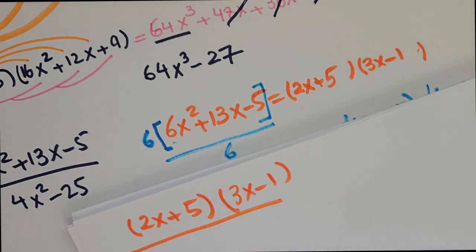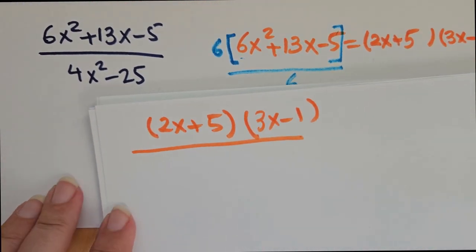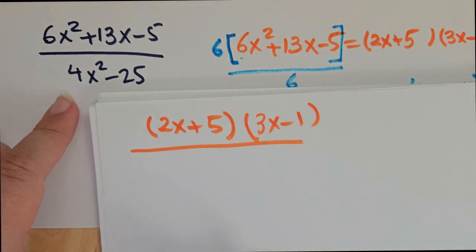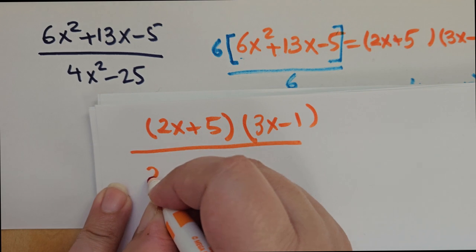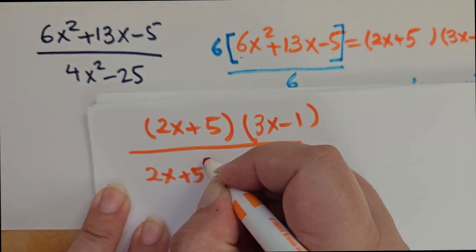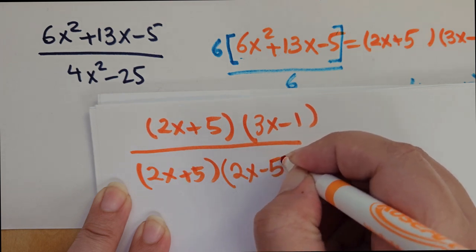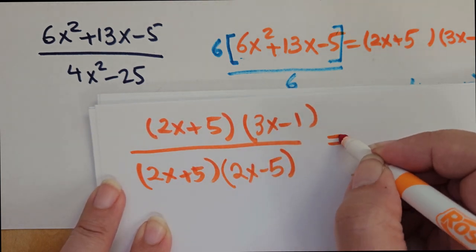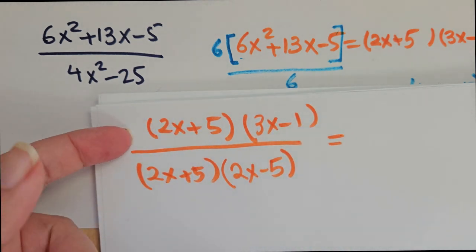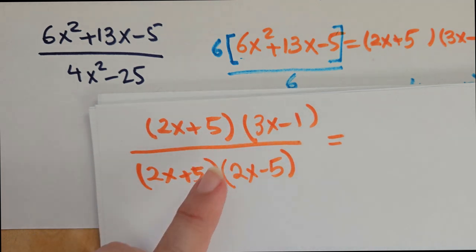And then the denominator, if you look closely, it's the difference of the squares. So that would be 2x plus 5, and then 2x minus 5. Now you have 2 brackets with multiplication in between, and another 2 brackets in the denominator.